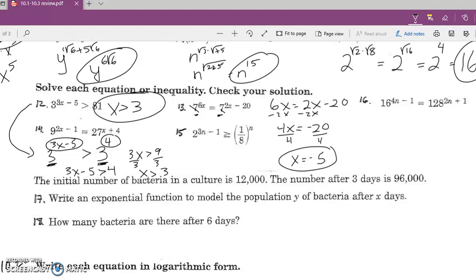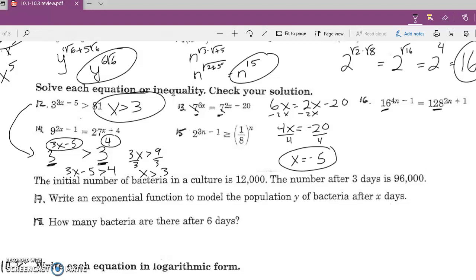Number 16 is a very difficult one because, let me see, 16 squared is not 128. Now, on one like this, where you can't turn a 128 into a 16, you could knock both of them down to a base even smaller.